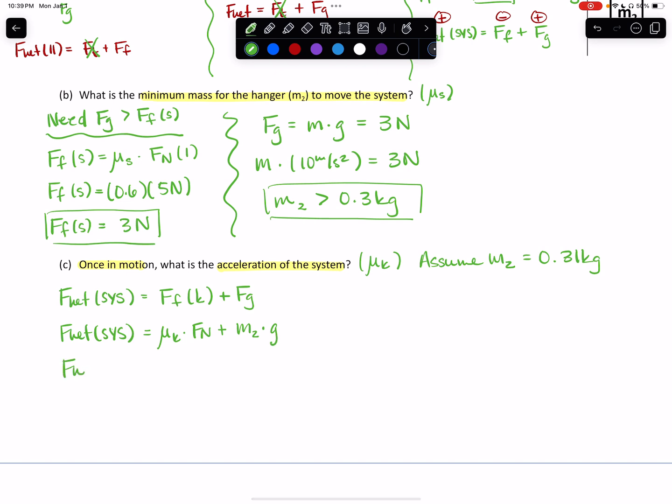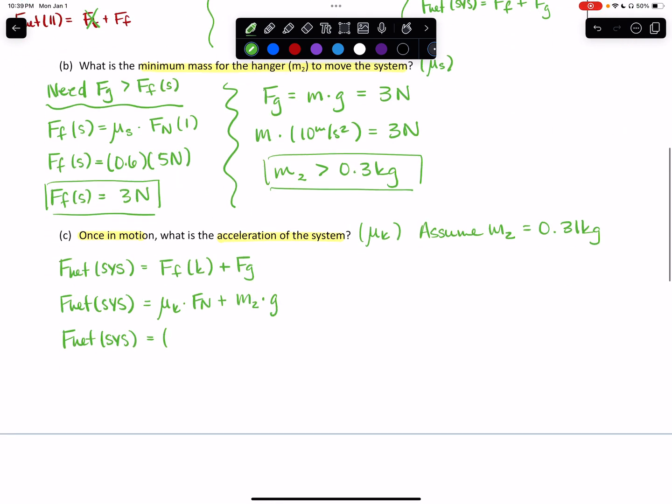So F net of the system is going to be equal to, what was the coefficient? The coefficient was 0.4. And again, we've got a 0.5 kilogram object, so 5 newtons for the normal force. And this is going to be negative. This is going to be important, I got to pay attention to that. Plus 0.31 kilograms for the mass times 10 meters per second squared.